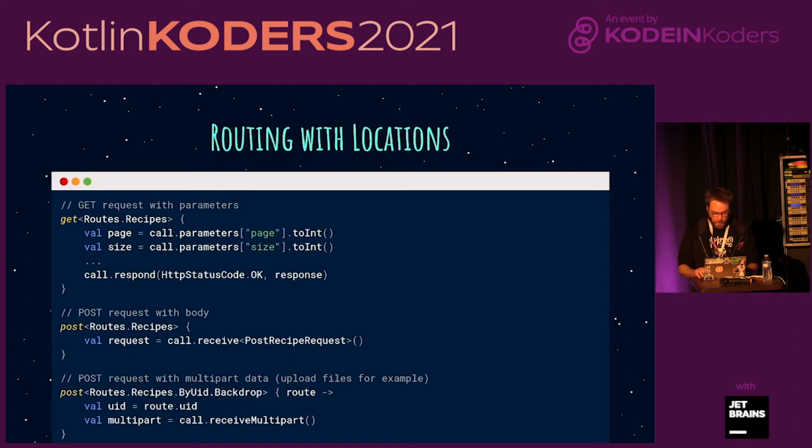If you have all the parameters you want here, and for the post request to get the body, you call call.receive with the body type you want to process, and to receive multipart data, for example, uploading a file, you call call.receiveMultipart to handle the data that is uploaded in your application.